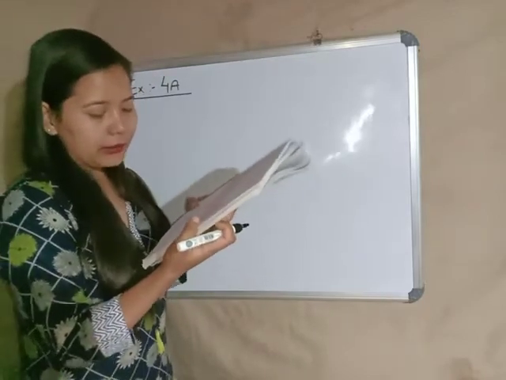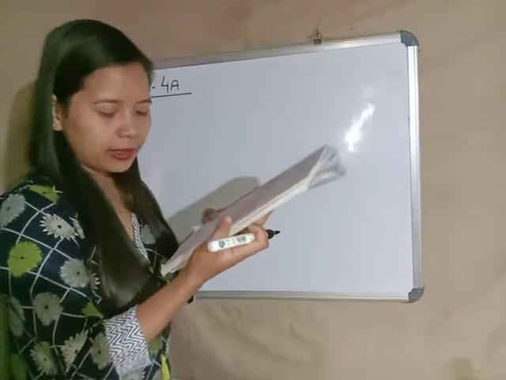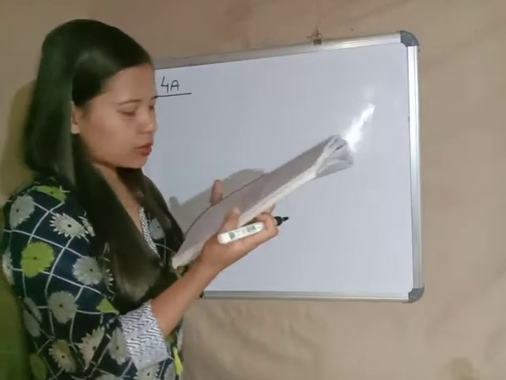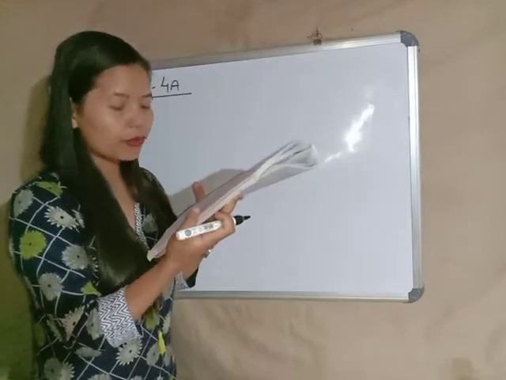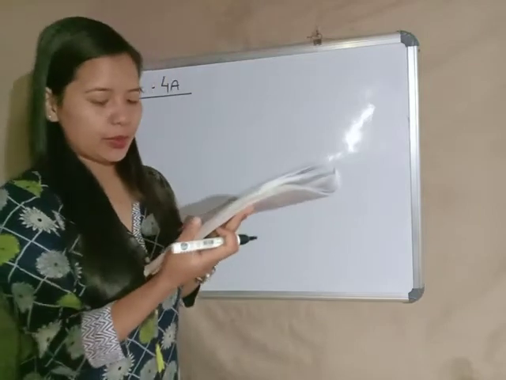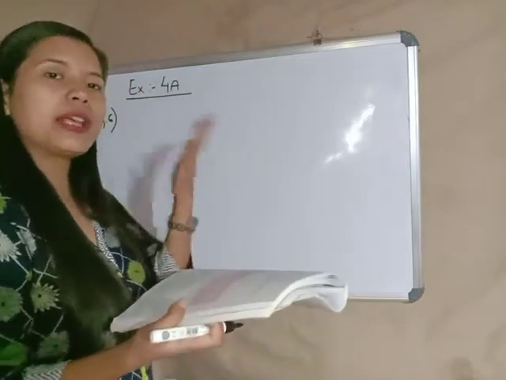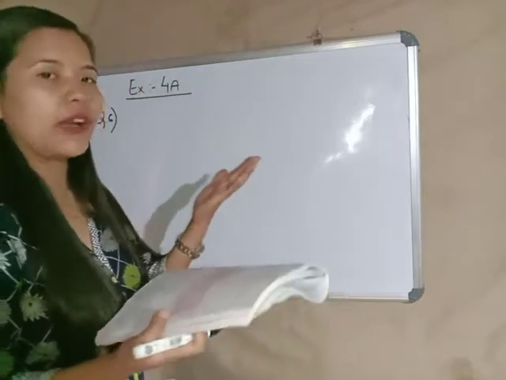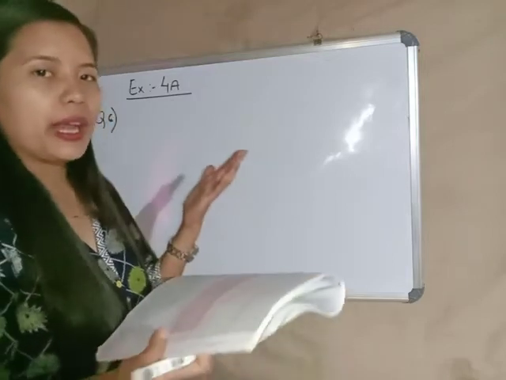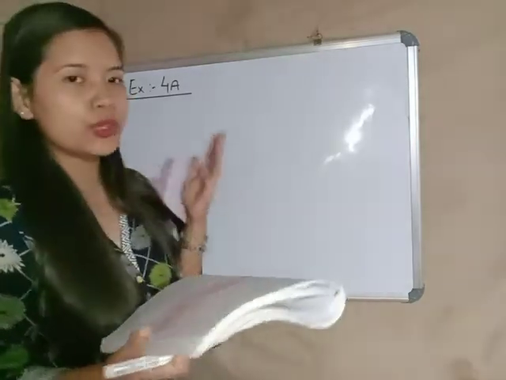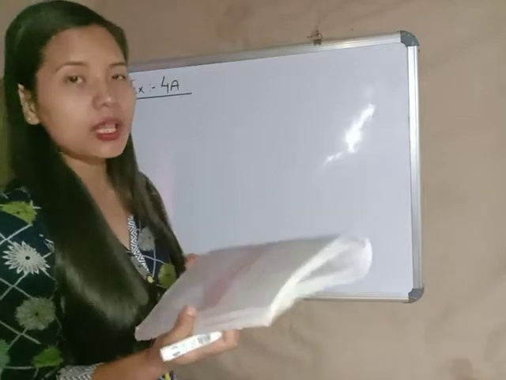In the second case they are asking at what price should he sell it to make a profit of rupees 20. So they are asking us to find the selling price, provided that there should be a profit of rupees 20.